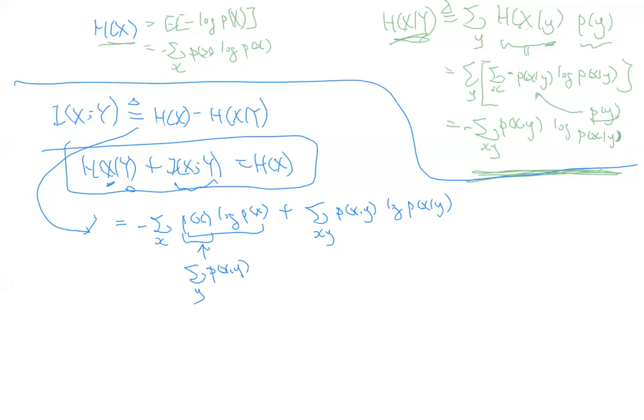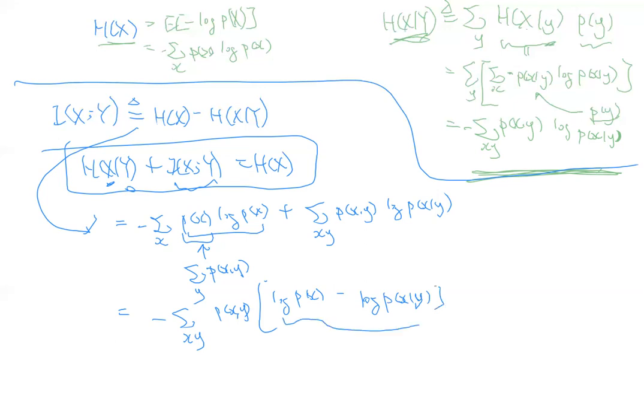Then I have the sum over x,y of p(x,y) times log p(x) minus log p(x|y).